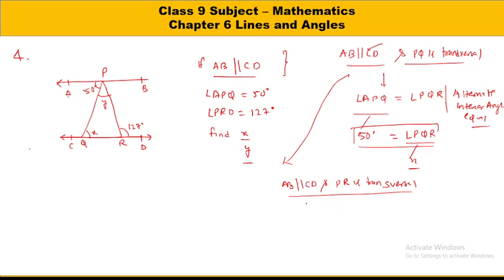So we will find that angle APR and angle PRD are your alternate interior angles which are equal. So angle APR can be written as APQ plus QPR, which is equal to PRD.